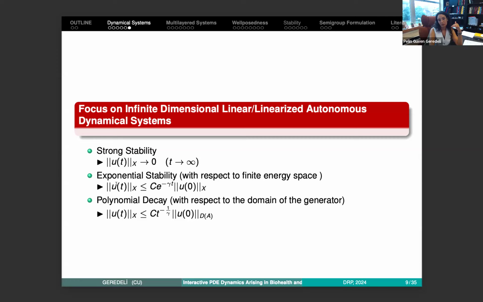So the inequality for exponential stability is this one that we need to obtain in our analysis. But if you prove polynomial decay, then your solution is going to 0, but at a polynomial decay rate as given in this inequality. So which one is the best here? Of course, exponential stability is the most desirable one, because if you have exponential stability, then automatically you have strong stability. Because exponential stability means your solution is going to 0 at a very, very fast rate.